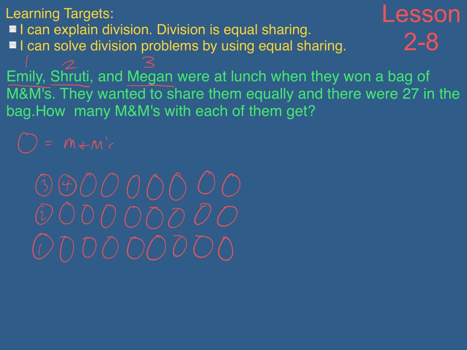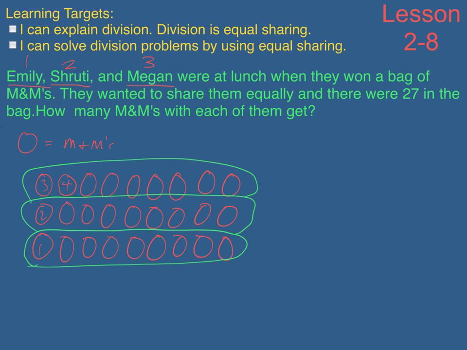So now that I've got my visual representation there, I want to identify that, remember, each one of these rows is for each one of our classmates. So 1 row is Emily's, 1 row is Shruti's, and 1 row is Megan's.